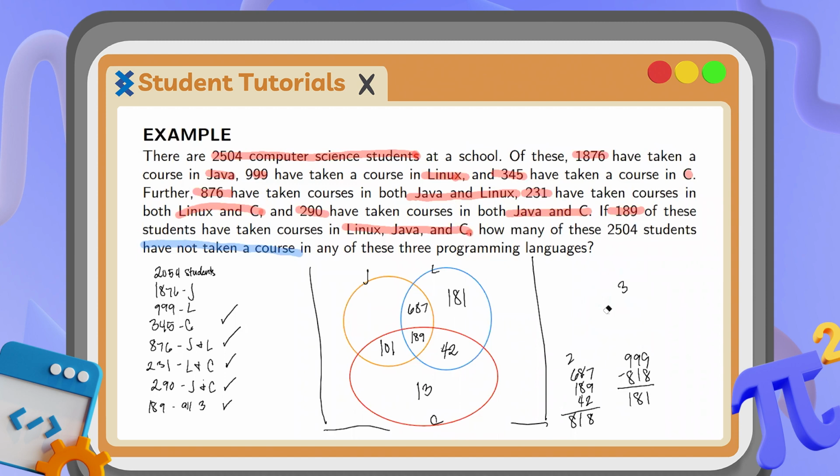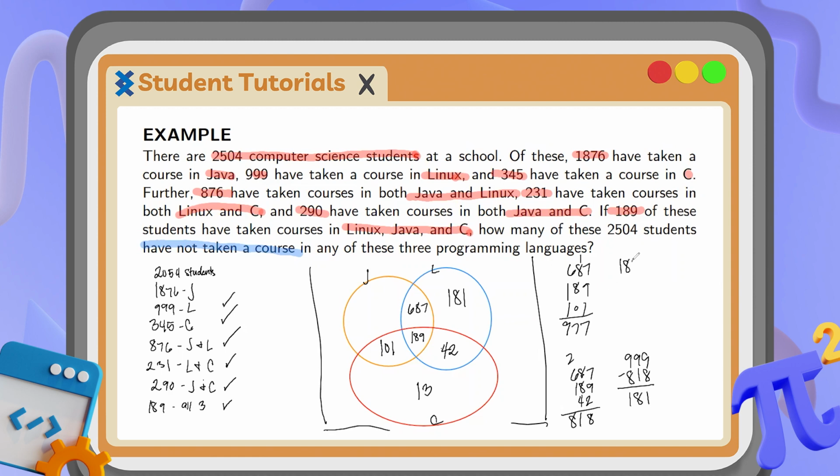And then for those that took only Java, we add 687, 189, and 101, like how we did it in the other items. So that would be equal to 977.